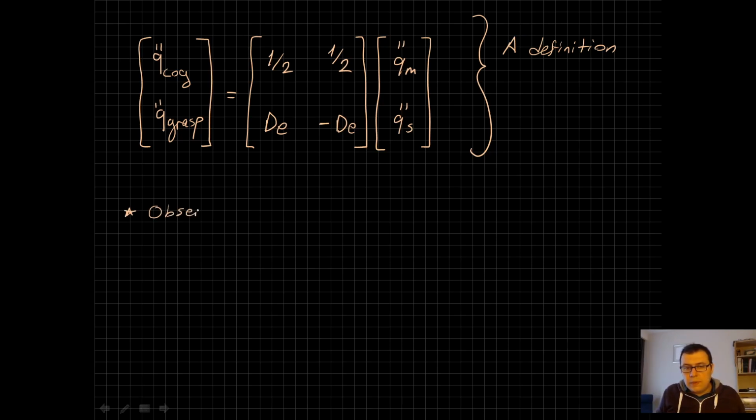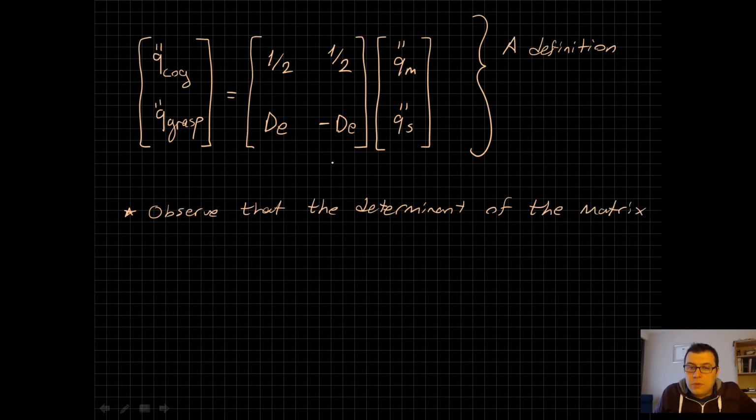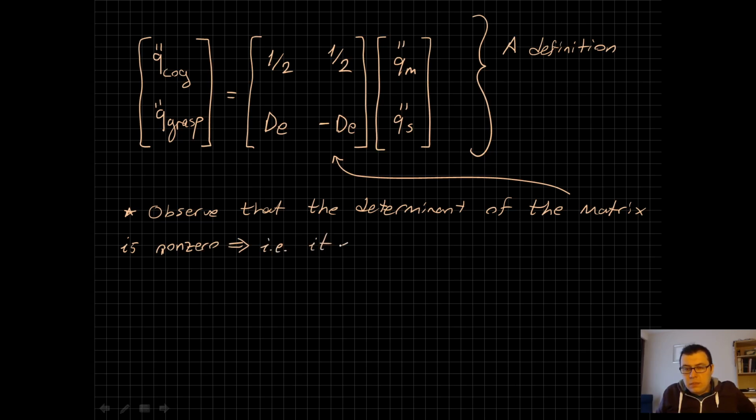Observe that the determinant of the matrix, so I'm talking about this, is non-zero, which means that it is invertible.